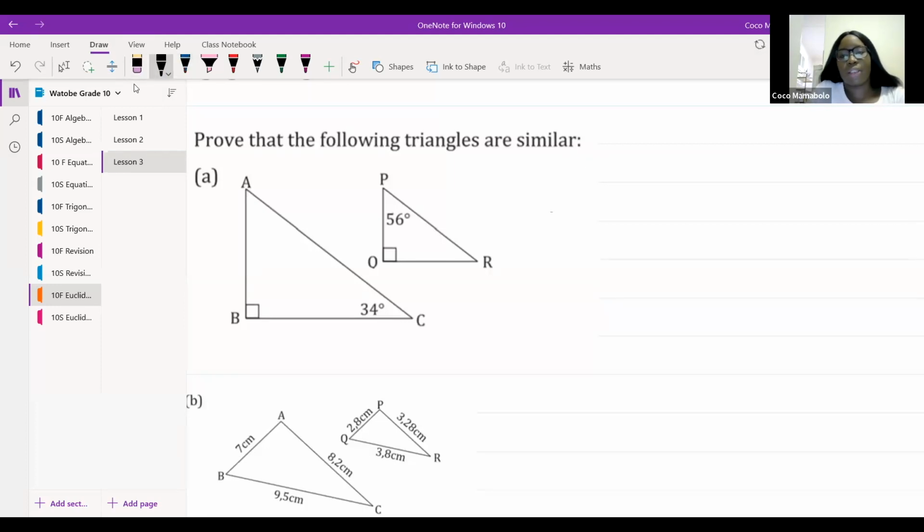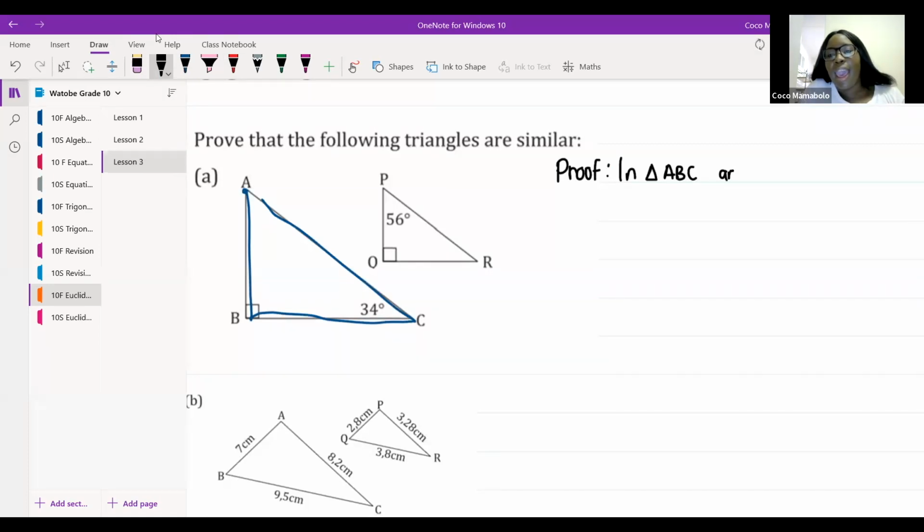Okay, all right. First thing we're going to do, guys, is we're going to write, and then I'm going to go in triangle, and I need to make sure I map my triangles out correctly, guys. Okay, I'm going to go A, B, C, close. So I'm going to go in triangle A, B, C, and triangle.